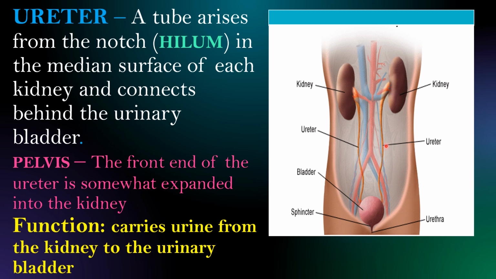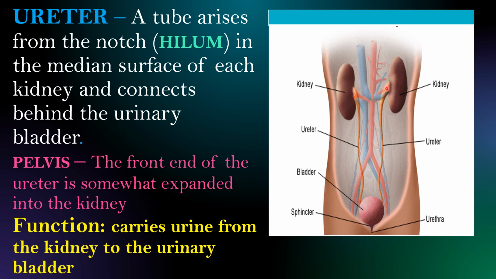Then another term you have to remember in this is pelvis. What is pelvis? The front end of the ureter. You can see this is the ureter, and the front end of the ureter is somewhat expanded compared to this.